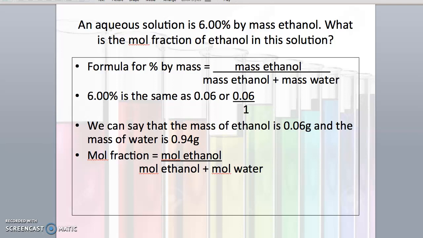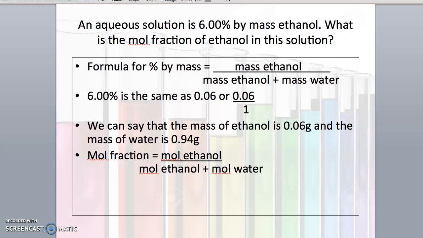I mean, I can say that my ethanol is 0.06 grams and the water must be 0.94 grams, because if the ethanol is 0.06 and the water is 0.94, the sum of those would equal 1. So I've just got my masses from the percent mass. I got the mass of both the solute and the solvent.